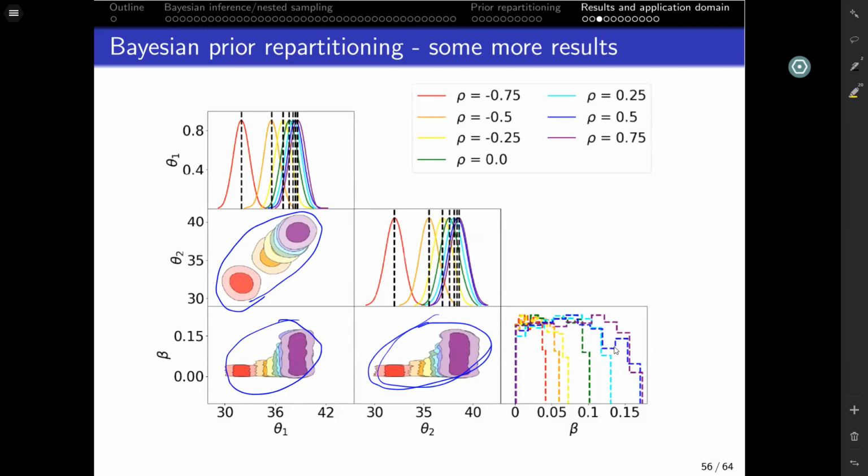Beta will have different ranges, and they are a little bit different for theta 1 and theta 2. This is due to the probabilistic property. Okay.